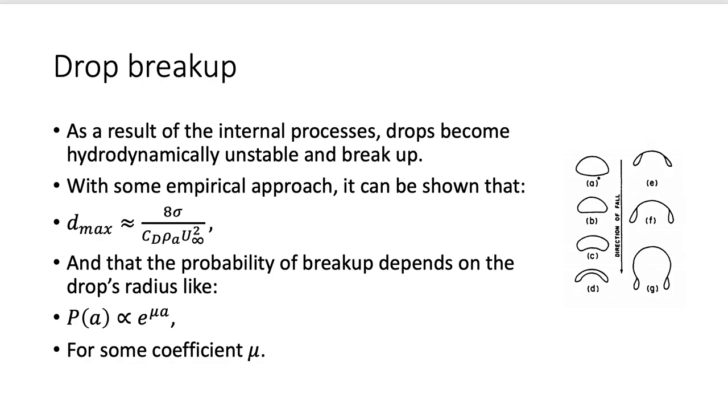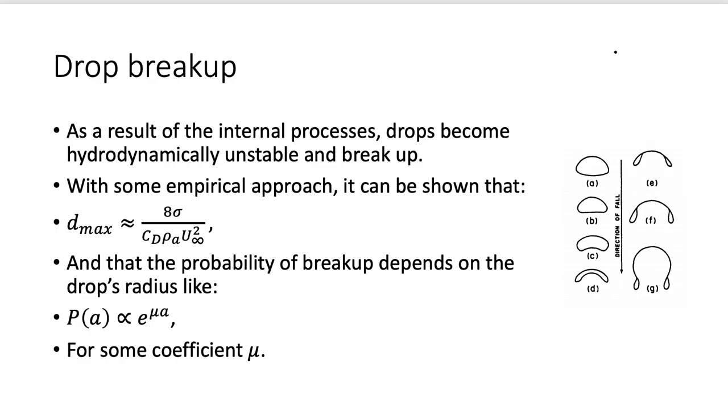Oscillations can certainly facilitate this breakup, because maybe they stress this filament, or one of these structures, and facilitate the creation of this tiny little filament. And so when you have really, really large droplets, it is more likely that these droplets become unstable and break up.